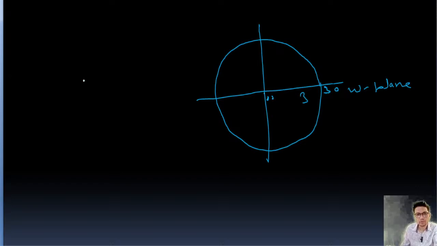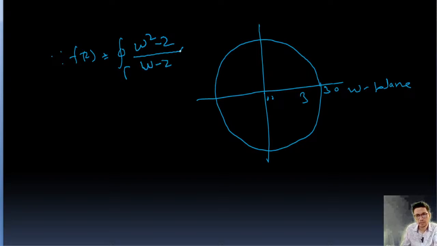So now since f(z) is given as a closed contour integration, the contour is a circle, closed contour integration of (w square minus 2) upon (w minus z) dw.